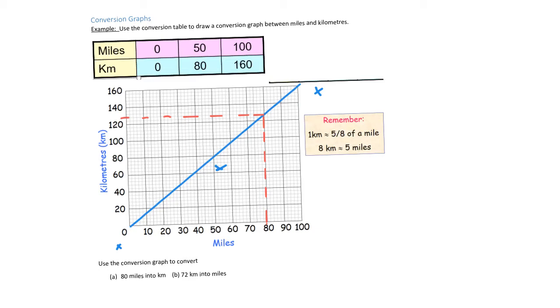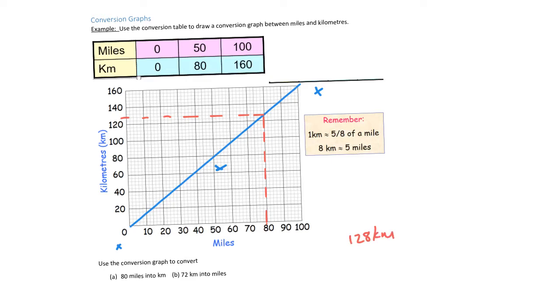Because we can see that there are 5 small squares from 0 to 20 and 20 to 40, each small square is worth 4 kilometres. So we can see that 80 miles corresponds to 128 kilometres.